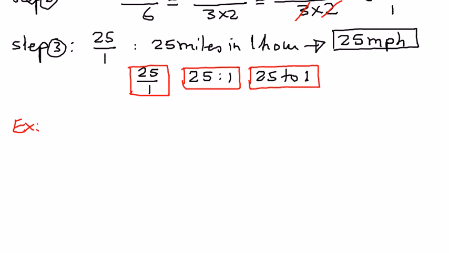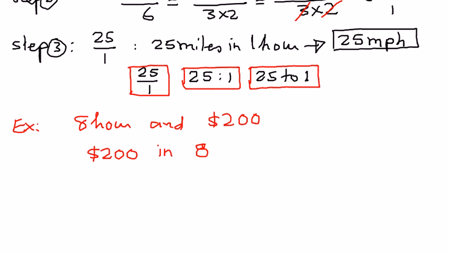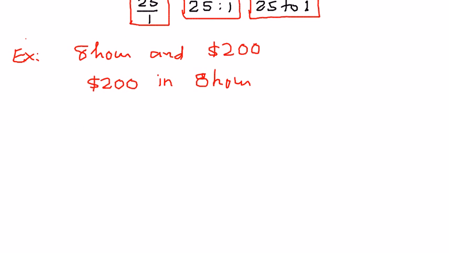Let us say you are making $200 in an 8-hour shift. We want to find out the rate, the rate meaning how many dollars are we making per hour. That is our question.